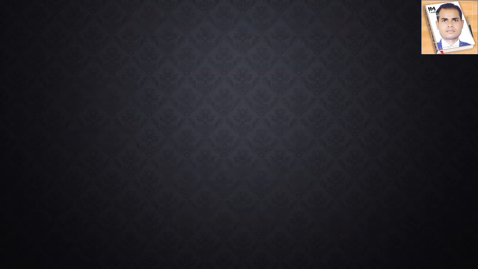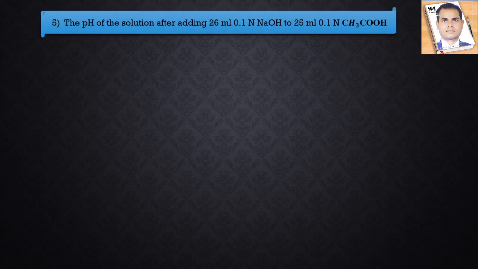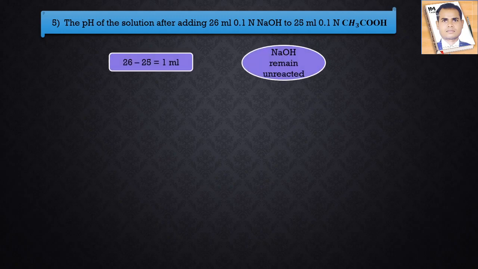Now we have to see the next step, when you are adding 26 ml of 0.1 normal NaOH to 25 ml of 0.1 normal acetic acid. What will happen at that time? How much volume have we added? 26 ml of NaOH and 25 ml of acetic acid.